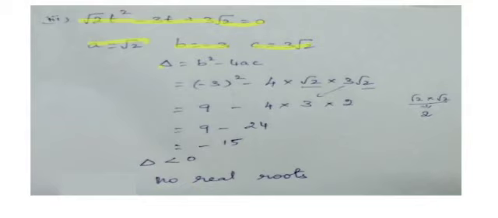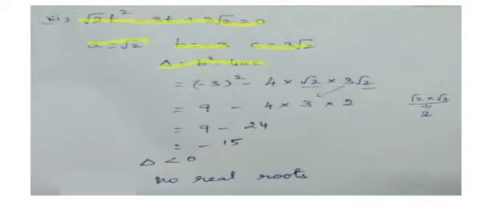Already we know that discriminant is equal to b square minus 4ac. We use the same procedure as in the previous sum for all the exercise sums. There will be no changes in that.